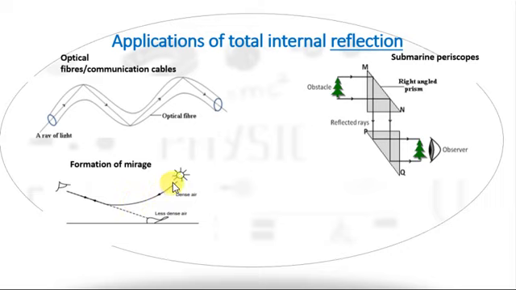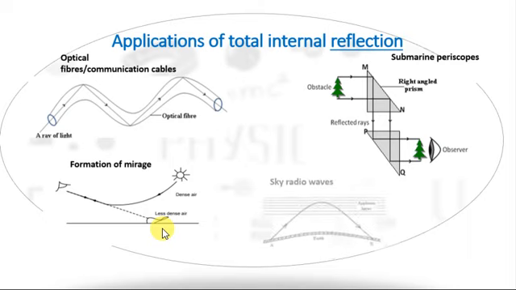Then it will enter your eye, and your eye will see as if that ray is coming from down. Remember we said the eye sees in a straight line. So the eye receives a ray from the sky, but sees as if the ray is coming from the ground. That's why you see as if there is water on the ground.